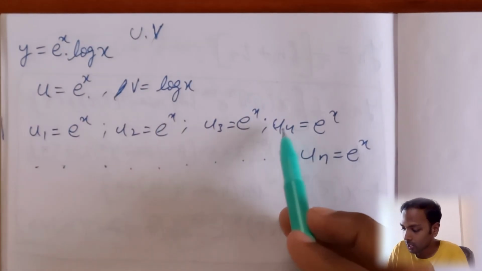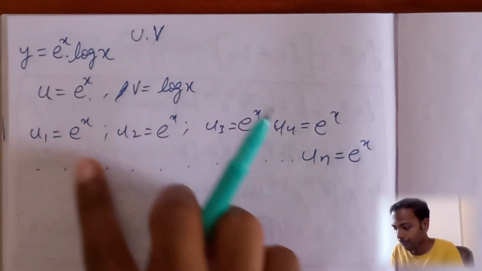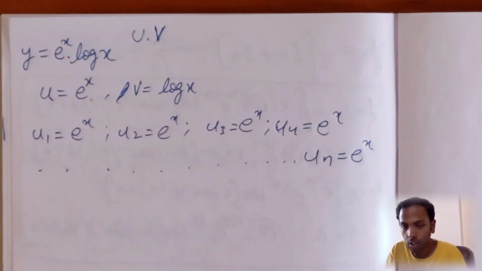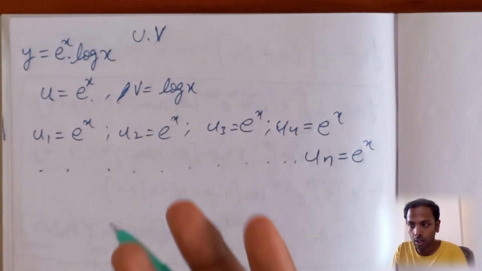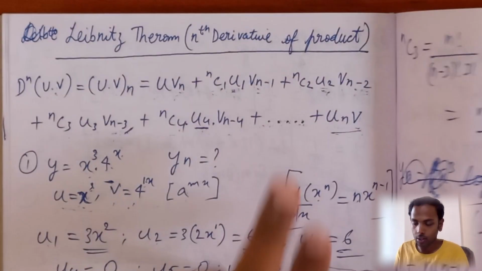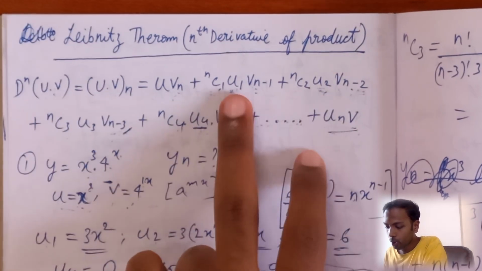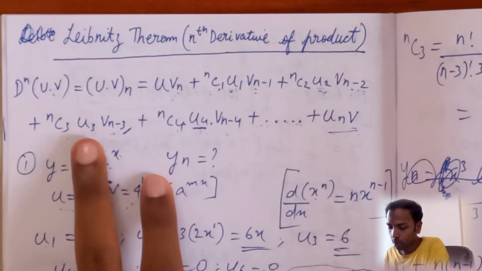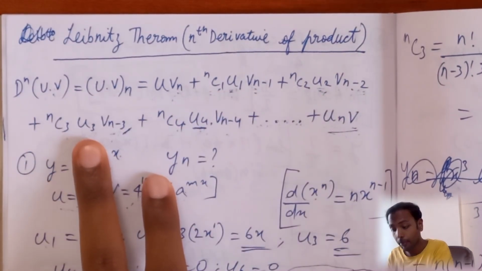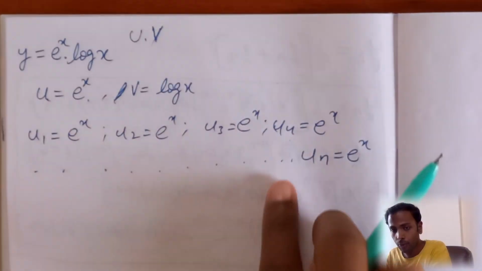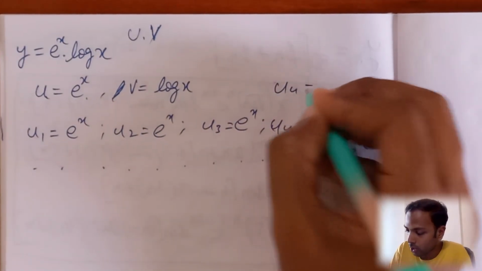So assuming u4 was 0, only the terms with u1, u2, and u3 would be present in the final solution. From u4 onwards, it's going to be 0.